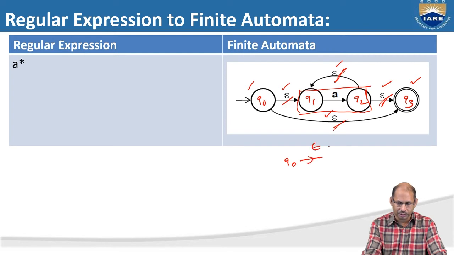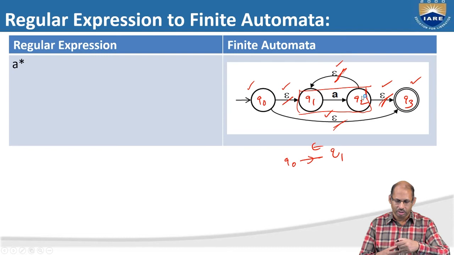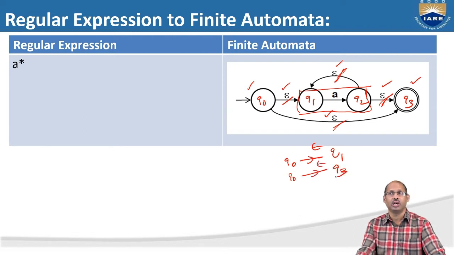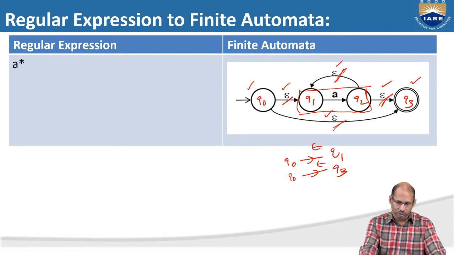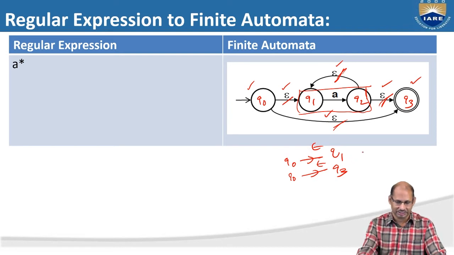Q naught on epsilon goes to Q1, that is a 1. Then here we add Q naught on epsilon goes to Q3. Q naught on epsilon going to Q3 means 0 occurrence. Right? Q naught on epsilon going to Q1, it may result 1 occurrence.